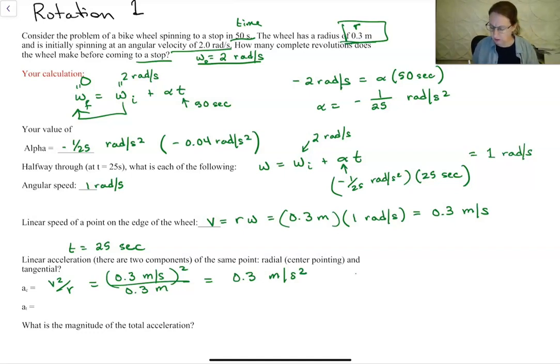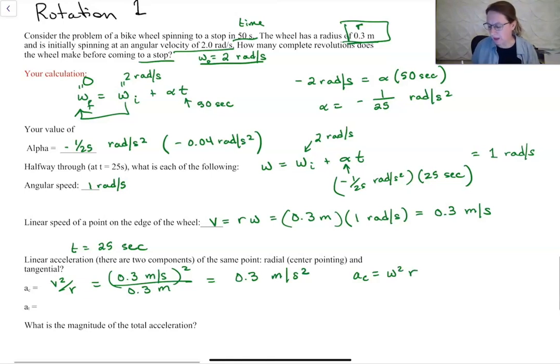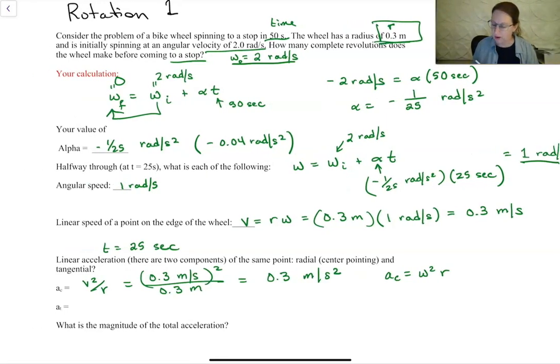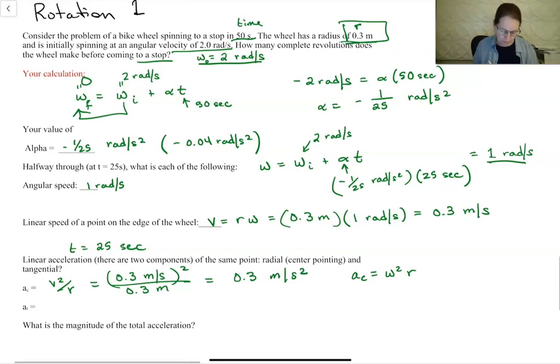You can also calculate it by saying a_c is equal to omega squared r. That's the other expression for it. And omega is 1 in this case, and r is 0.3. So you can go that way as well. The tangential acceleration is alpha times r. And so that's going to be minus 1 over 25.